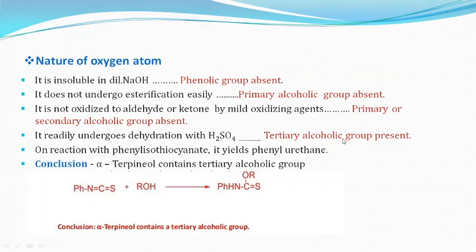This means that a tertiary alcoholic group is present in alpha terpineol. On reaction with phenyl isothiocyanate, it yields phenyl urethane. Both these reactions conclude that alpha terpineol contains a tertiary alcoholic group.